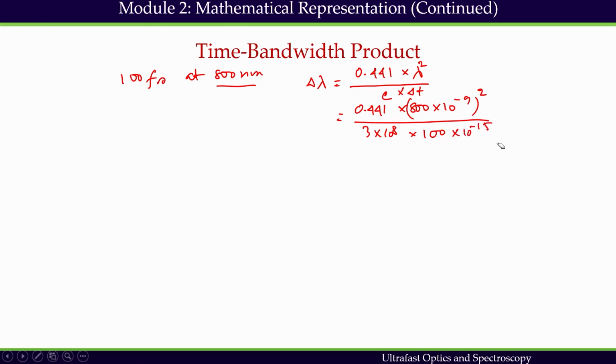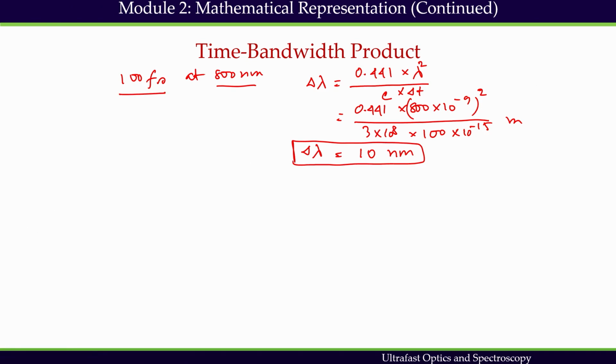So finally this will give me meter, and if we use the calculator we will be able to quickly get 10 nanometer. Please check with the calculator whether these numbers are correct. So delta lambda, the bandwidth in the wavelength for a 100 femtosecond pulse at 800 nanometer is going to be 10 nanometer.